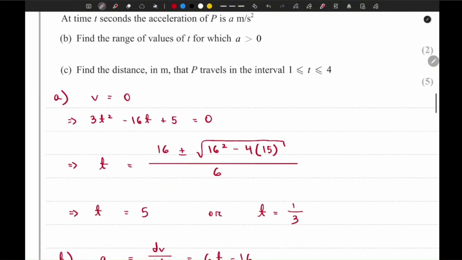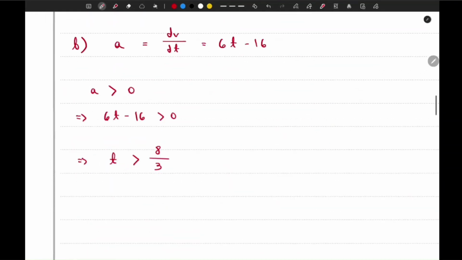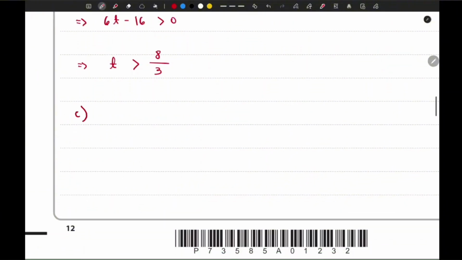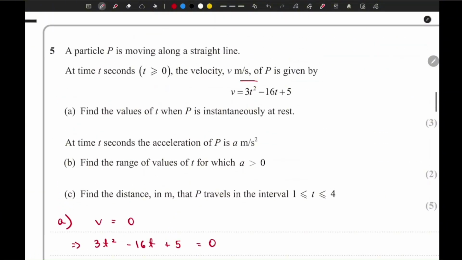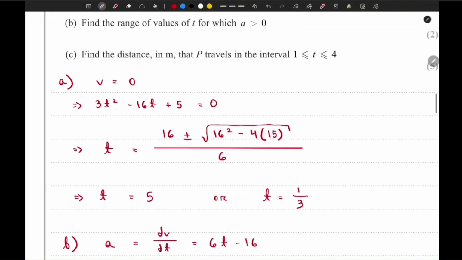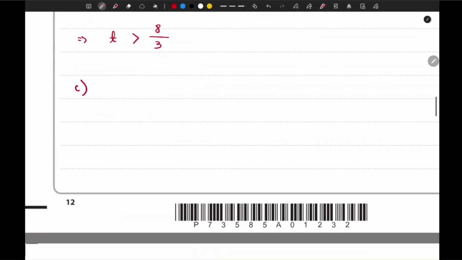Now moving on to the next part, we need to find the distance in meters that P travels in the interval from t equals 1 to t equals 4. So we can easily calculate this by integrating the equation of the velocity, which gives the displacement or the distance equation. We need to find the distance moved by the particle during this interval, so this will be a definite integral.